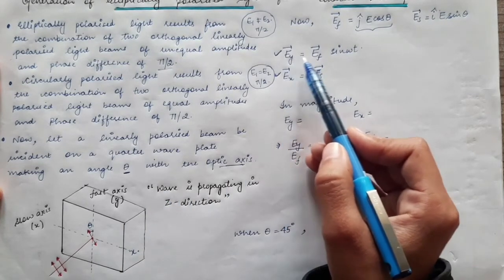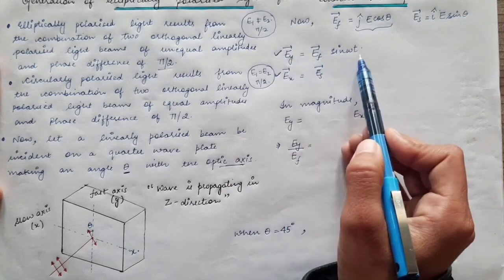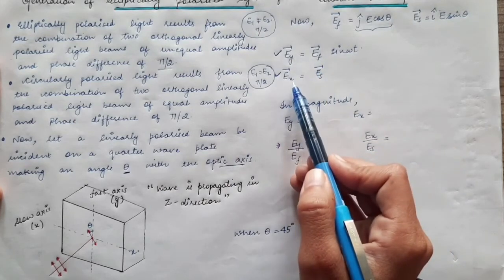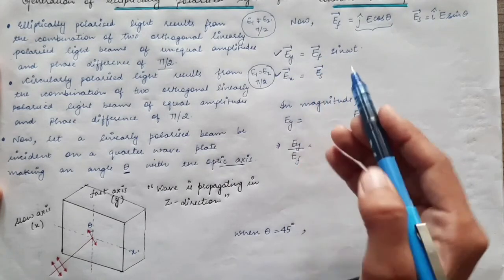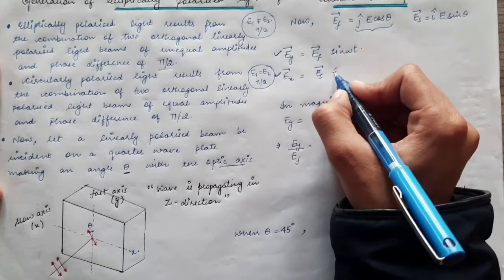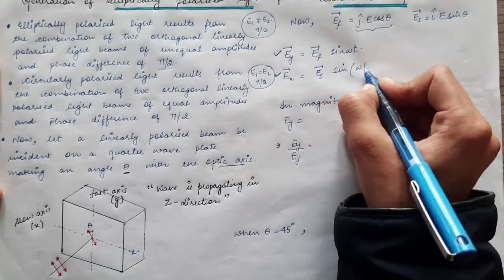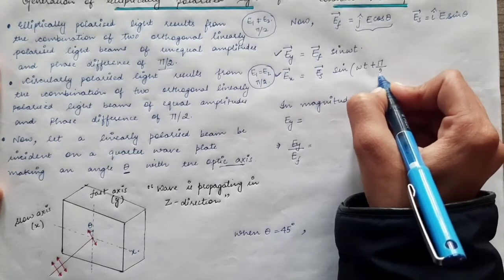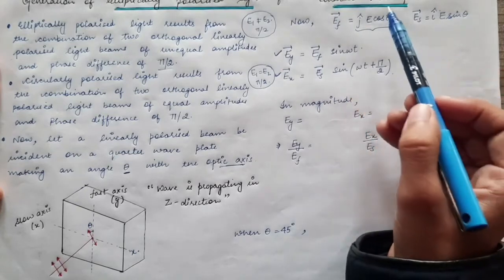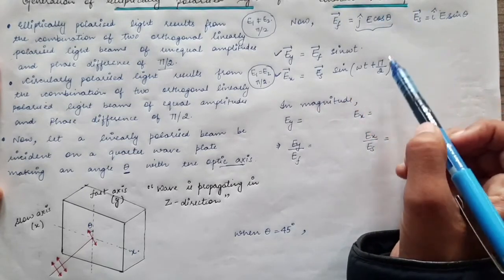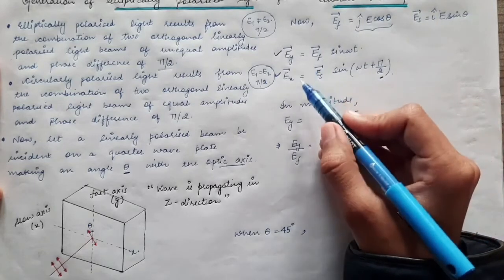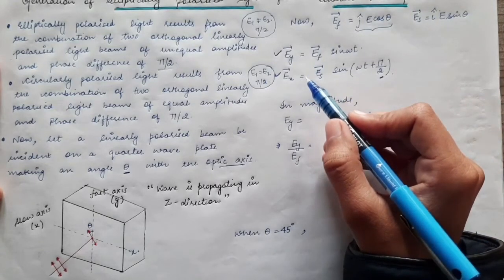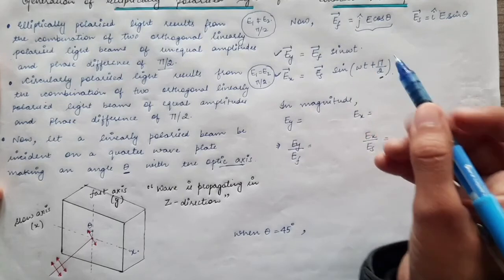So here I have taken the y component and written it in this manner. The other component, the x component, will be written as sine of omega t plus pi by 2, because the quarter wave plate introduces a phase difference of pi by 2 between the two orthogonal components when they emerge out of the plate.